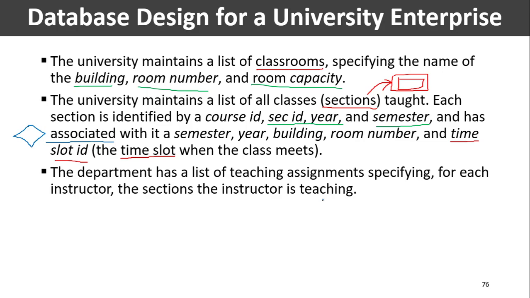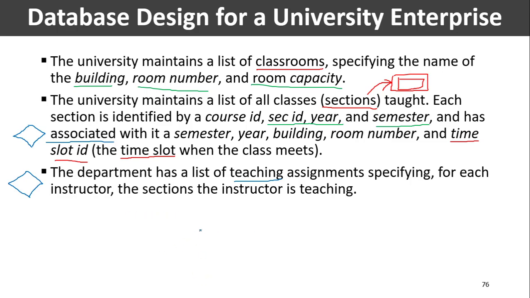So we may say that here between instructor and sections we may have one relationship, that instructor teaches a particular section. So here we may identify a relationship. Instructor is teaching the sections, right?